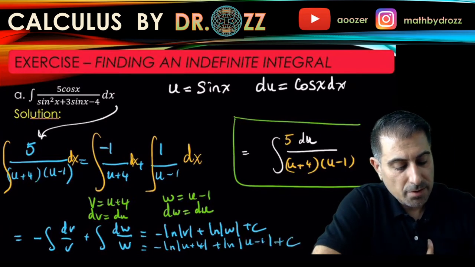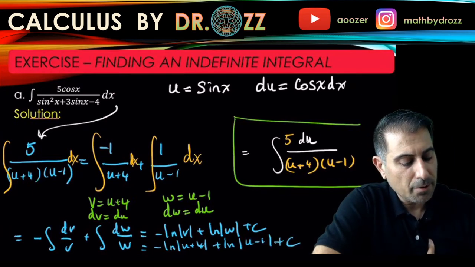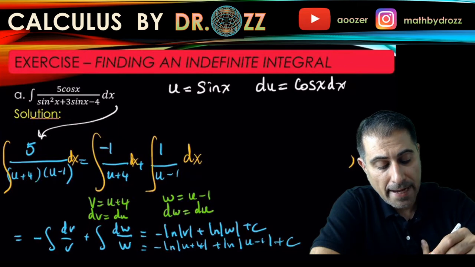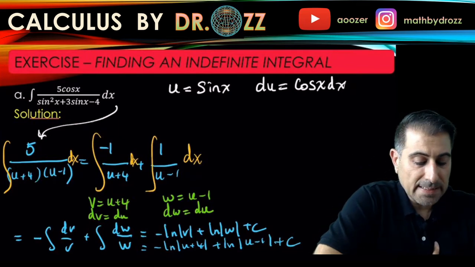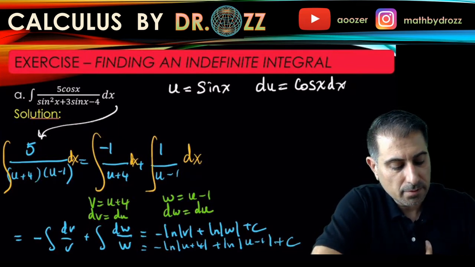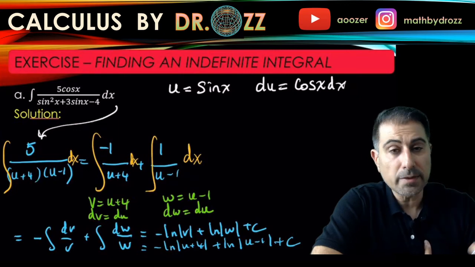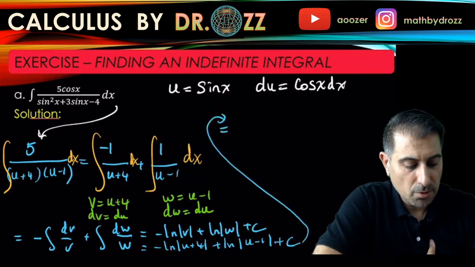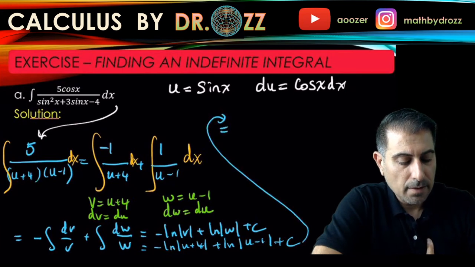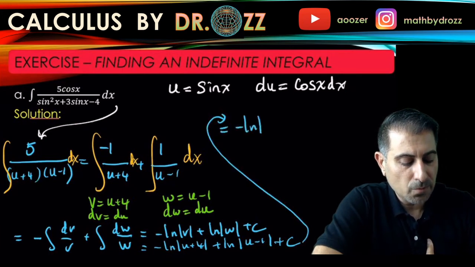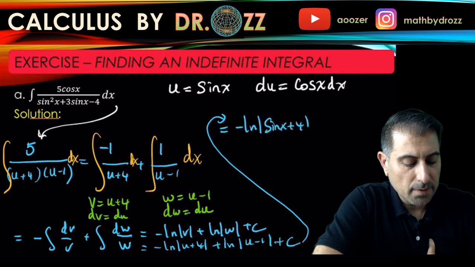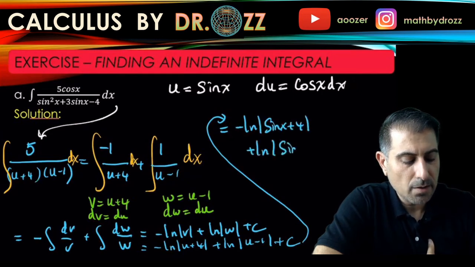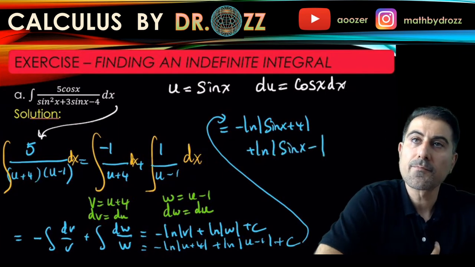So now I don't need this part anymore. And I'm going to do the final shot here, and I'm going to back substitute sine x here. Continuing from here, this is equal to minus ln of sine x plus 4 plus ln of sine x minus 1 plus c.